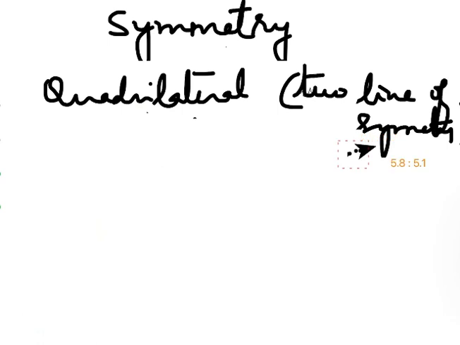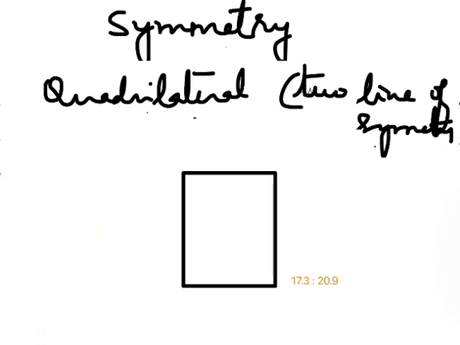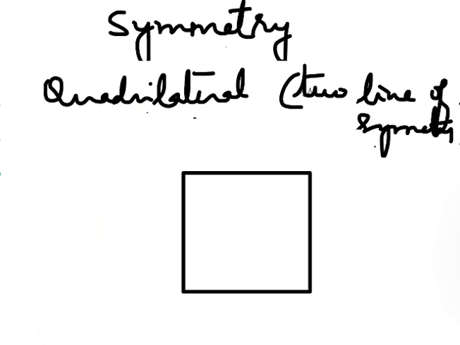For that matter, a square is also a rhombus, but a rhombus is not a square. A square has 90 degrees for all the angles of the quadrilateral; if it is 90 degrees, then we can call it a square. That is not the case with the rhombus.